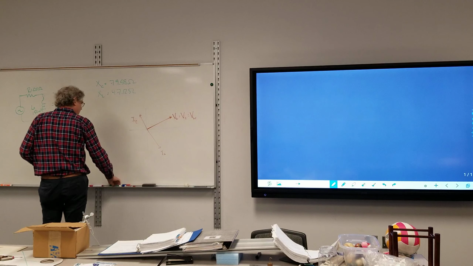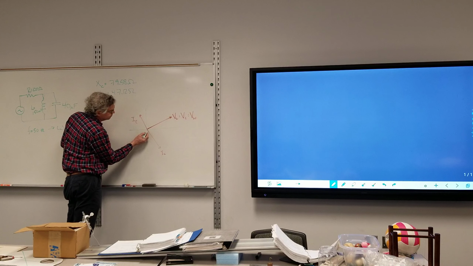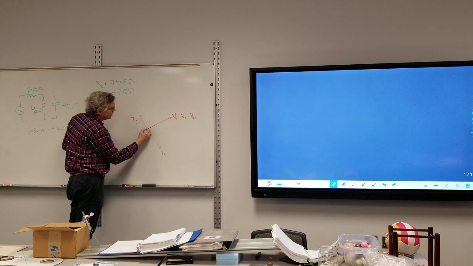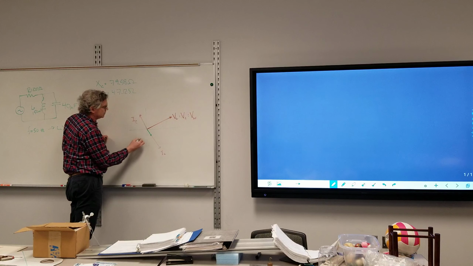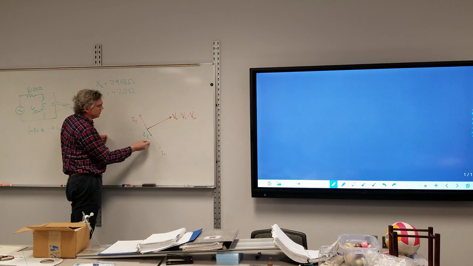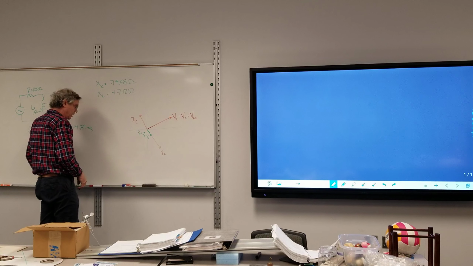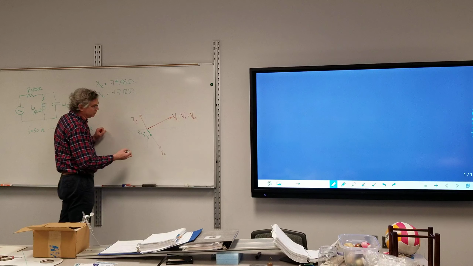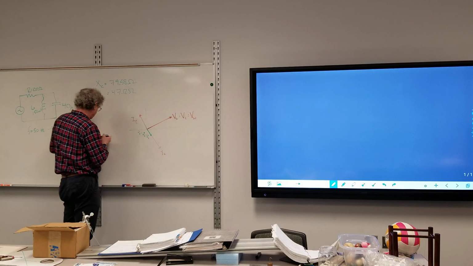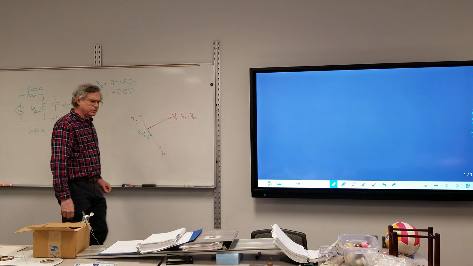We established that IL is bigger than IC, which meant that I epsilon, which equals IL minus IC, would be equal to IR. And so VR would have to be in phase with that.